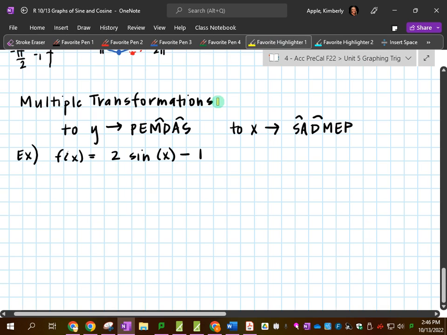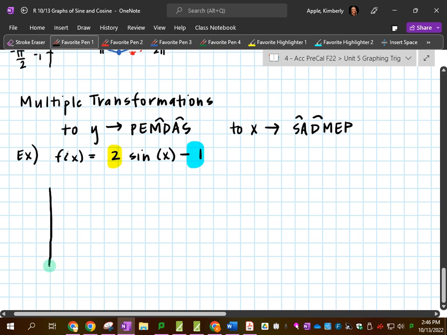I'm guessing to see if you can have a reaction. No, just one, because whenever you go outside it happens to the y. So these are both happening to the y. This is an amplitude change and this is a vertical shift.